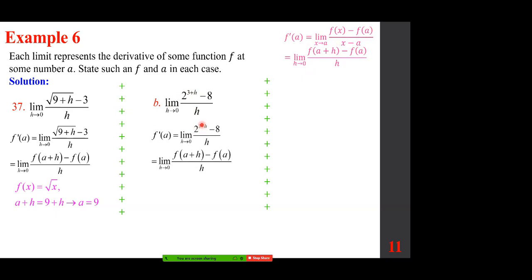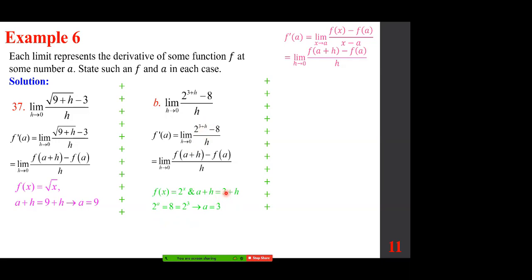And this is f of a, okay? So by inspection, there seems to be that f of x is 2 to the power of something. So 2 to the power of x, and then a plus h is 3 plus h, which means a must be 3.